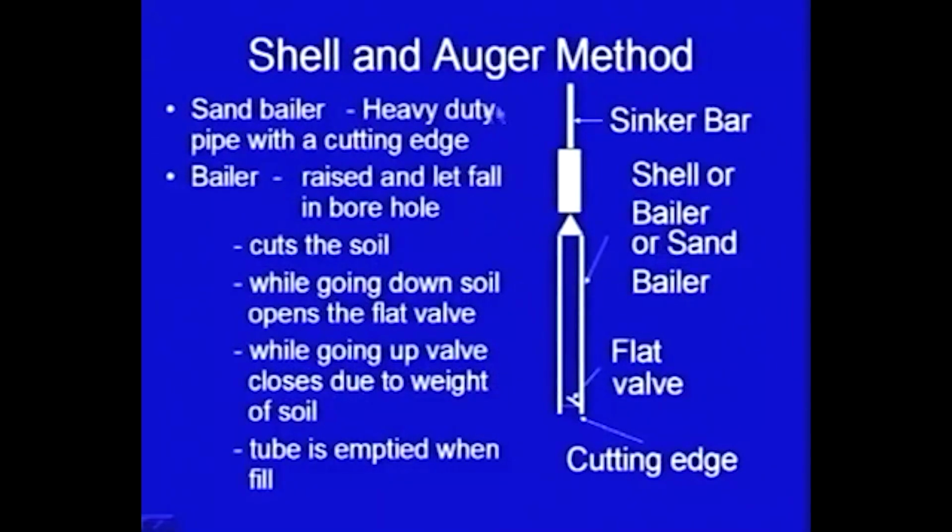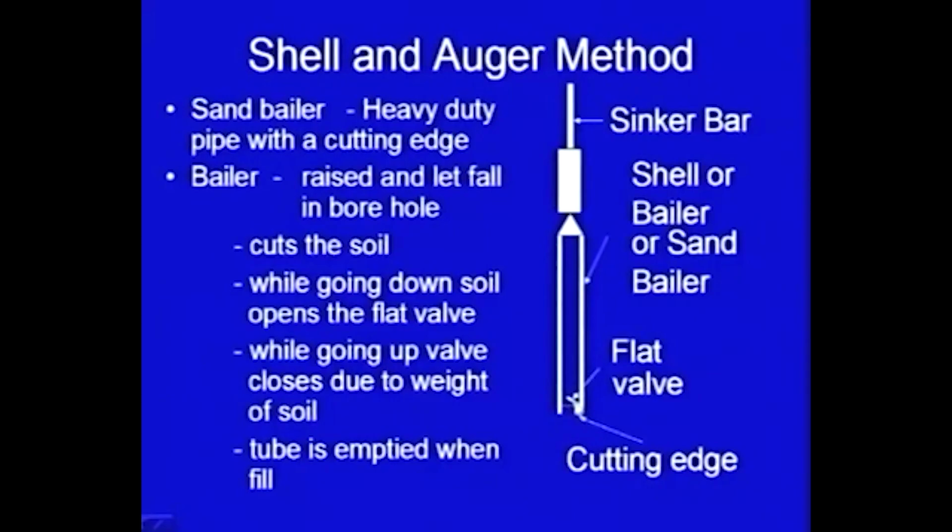Then shell and auger method is there. This consists of a sand baler. It is a heavy duty pipe. This is a very heavy duty pipe here, and at the bottom it has a cutting edge. So, this baler is raised and let fall. When it falls, it will cut the soil, and when it goes down, the soil will enter into this pipe.